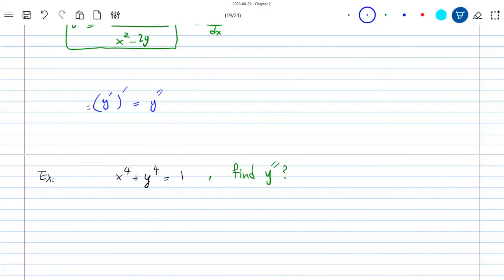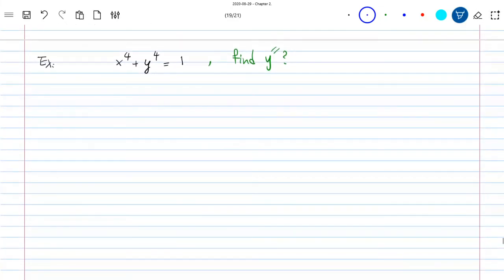To find the second derivative, first you need to find the first derivative, then take a derivative of that one more time. That's what you would do for the function, and the same for the equation.